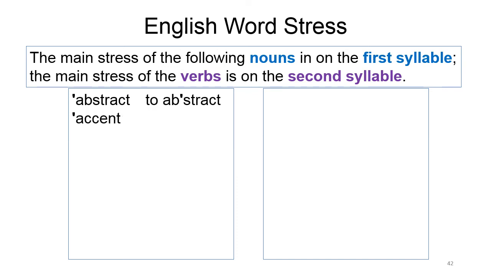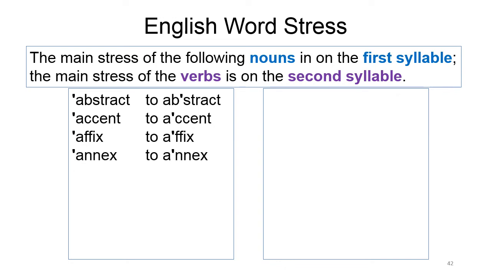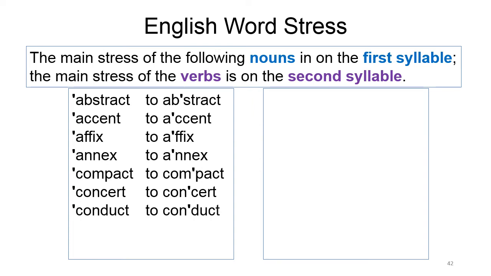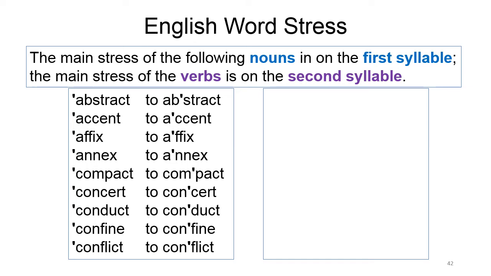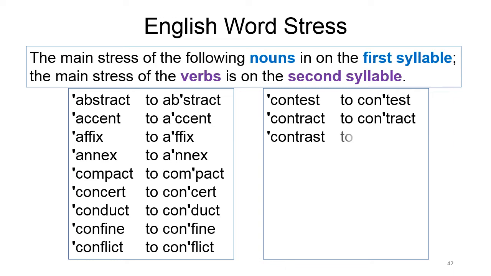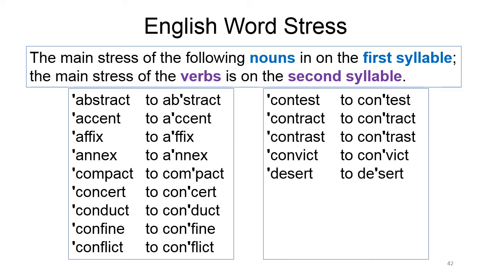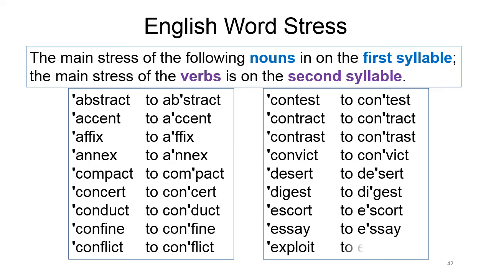Abstract to abstract, accent to accent, affix to affix, annex to annex, compact to compact, concert to concert, conduct to conduct, confine to confine, conflict to conflict, contest to contest, contract to contract, contrast to contrast, convict to convict, desert to desert, digest to digest, escort to escort, essay to essay, exploit to exploit.